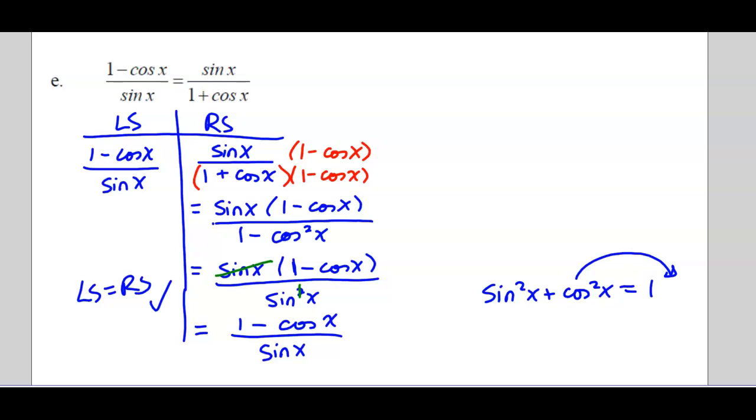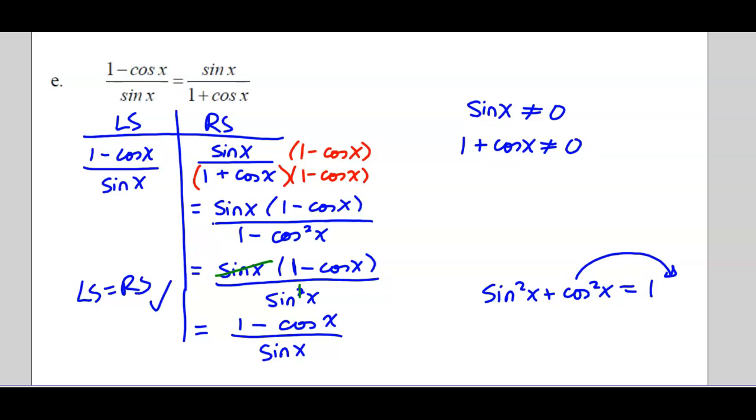Now, restrictions for this one are a little bit different. There are 2 denominators. So, sine of x cannot be 0. 1 plus cos x cannot be 0. There are no other reciprocal trig ratios in there.